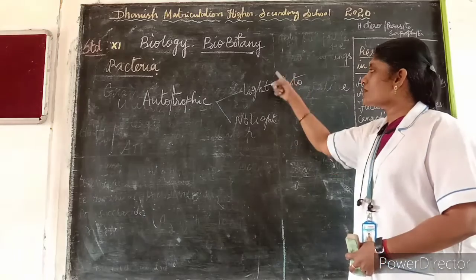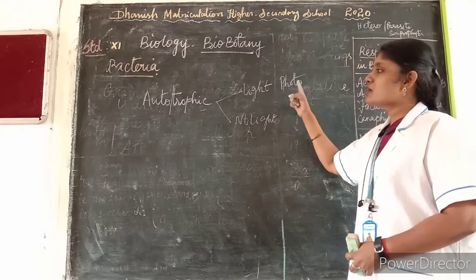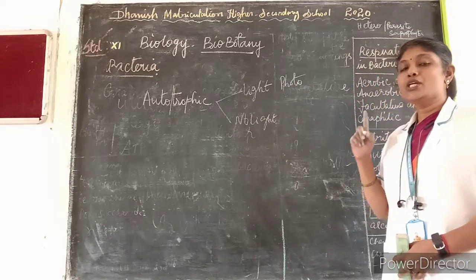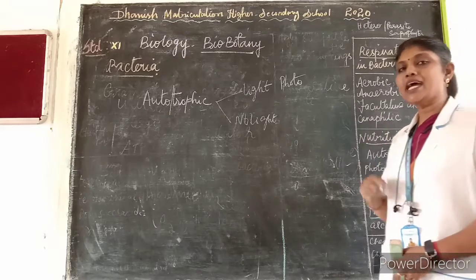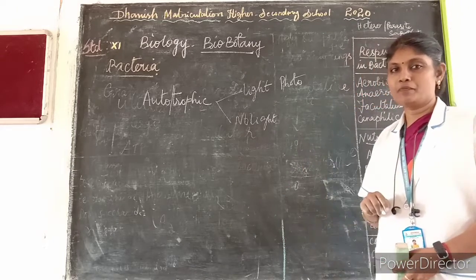So whenever you see a word, you should remember the term light. It refers to light. Photoautotrophic bacteria utilize light and can synthesize their own food.